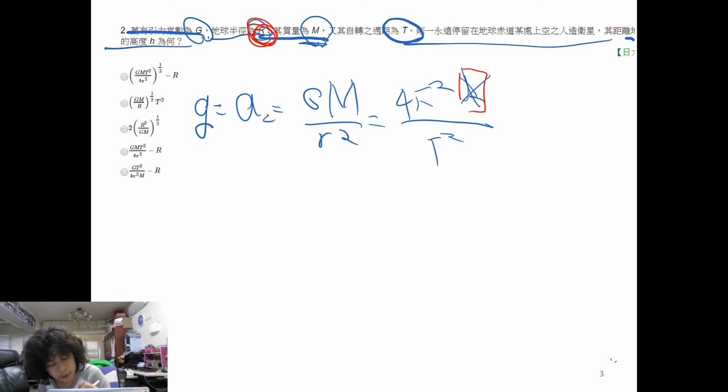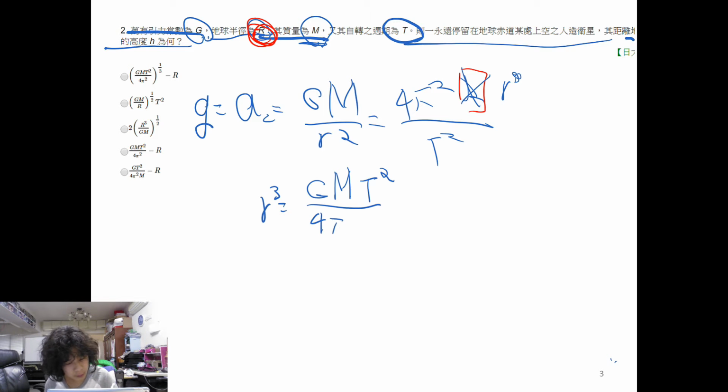So I'll change this to small r, and now you can calculate it: it's R and h, so you have to calculate r. So r equals GM T squared divided by 4 pi squared.